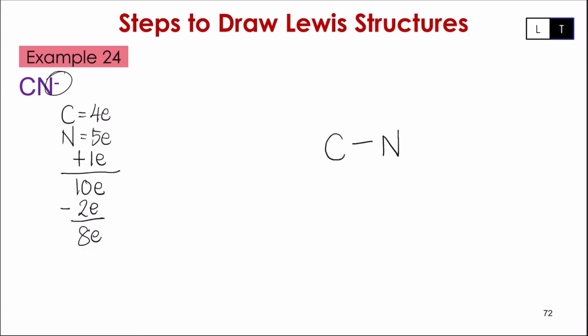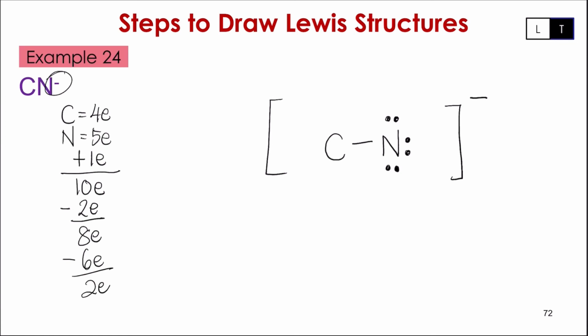Before I continue, I'm afraid I'll forget, so I want to draw the square bracket straight away. No problem. Don't forget to put the charge. Now, let's continue with the 8 electrons, which will be filled around nitrogen. Nitrogen only needs 6 electrons for an octet because it already has 2 here. So minus 6 electrons, we have 2 more left.